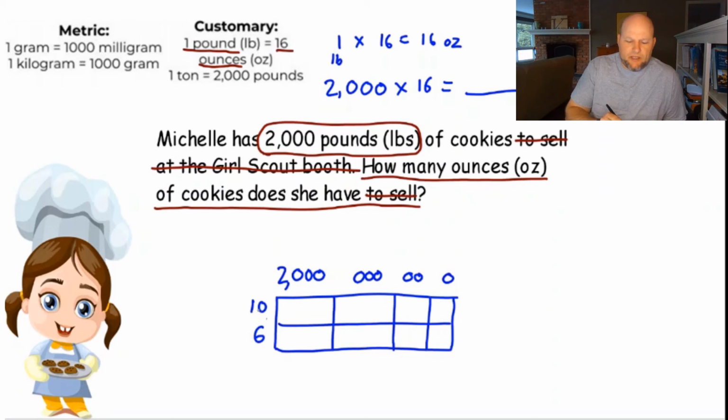So 2,000 times 10. Let's annex this 0 and pull it back in over here. So if we write our 2,000 and multiply it by 10, we would bring that 0 back in and put it here. And we'll put a comma there to denote 20,000.